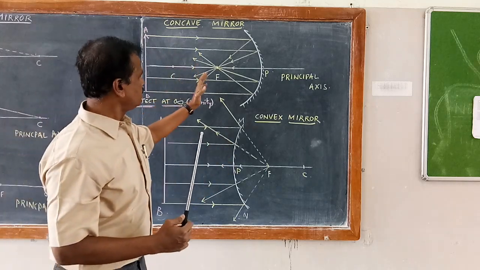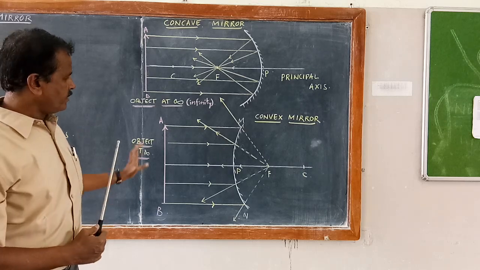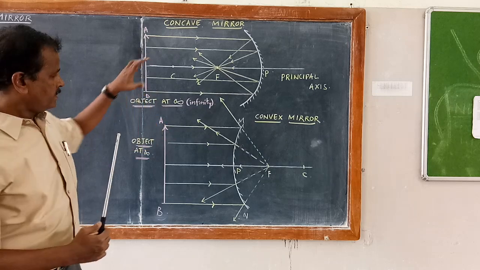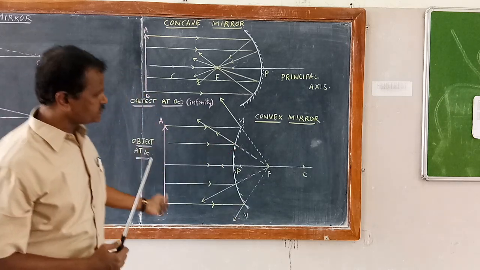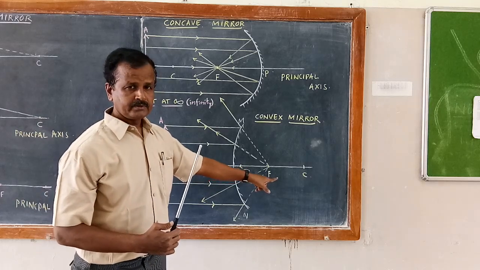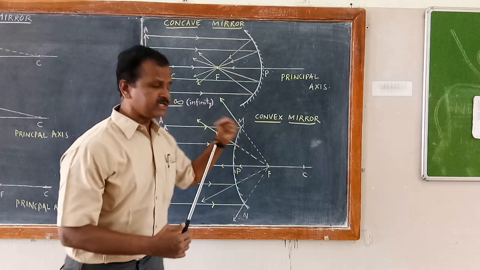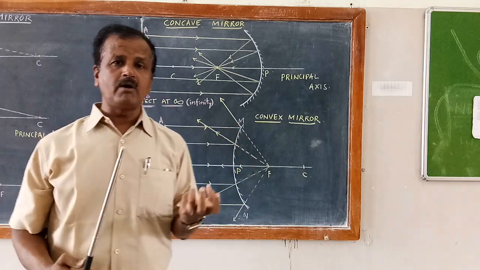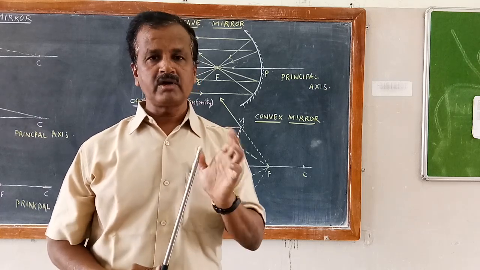Whereas in the case of the convex mirror, when the object is at infinity, the rays are all parallel to the principal axis. The image appears to have come from this point. This image cannot be obtained on the screen. Such an image which cannot be obtained on the screen is called a virtual image.